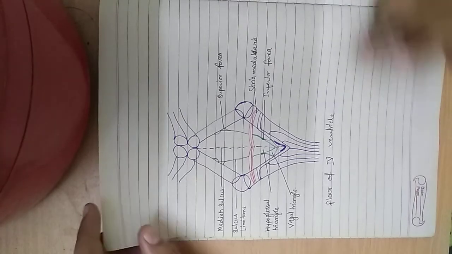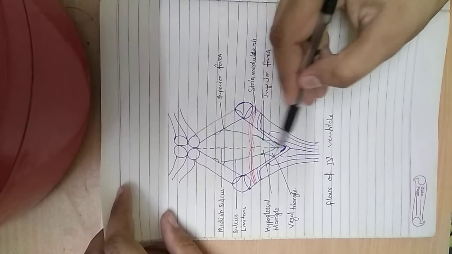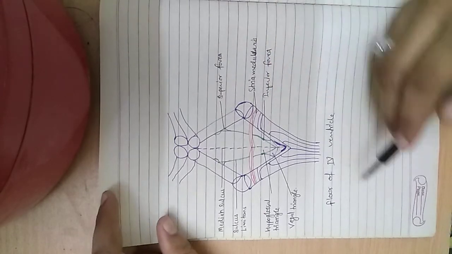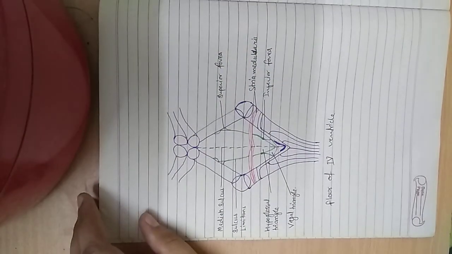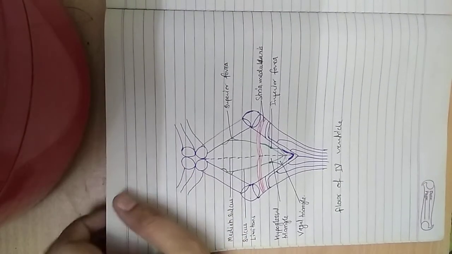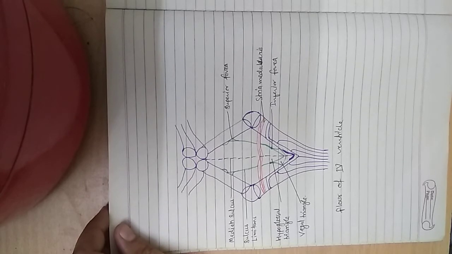so you can see, when it goes downward into the medulla oblongata, there is the central canal, and this elongated nucleus is present on the ventral side, and this elongated nucleus gives the rootlets.